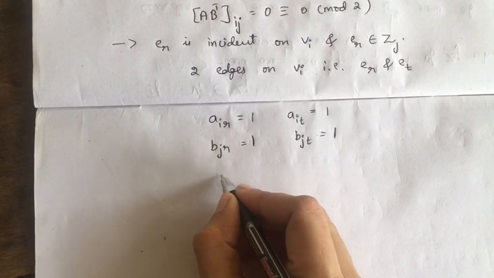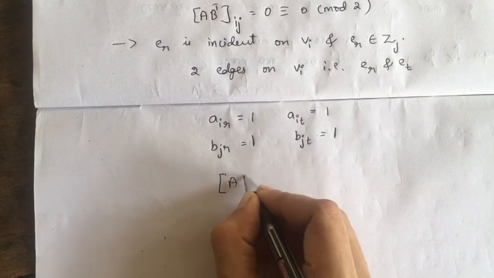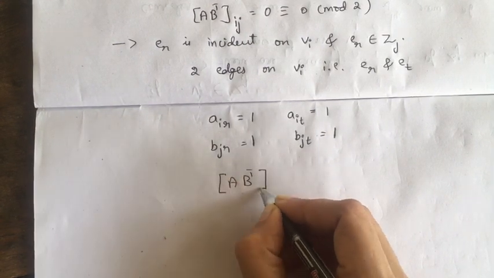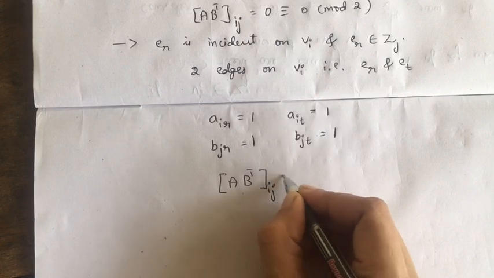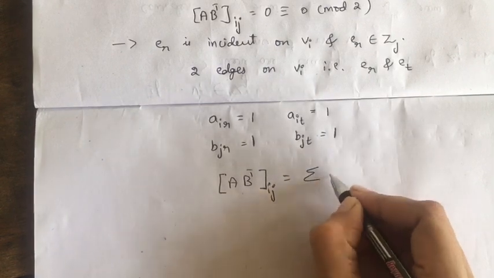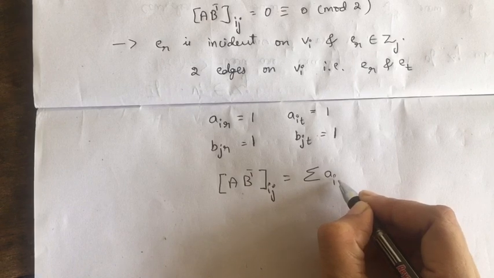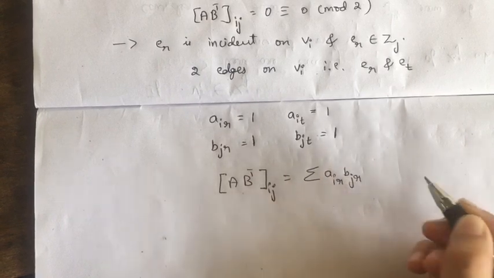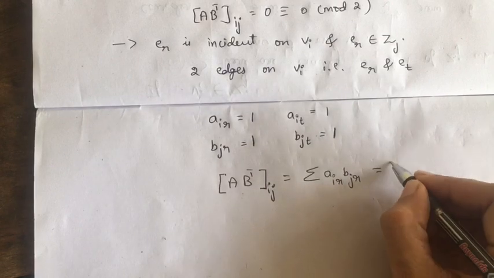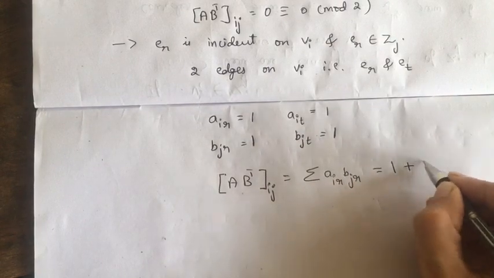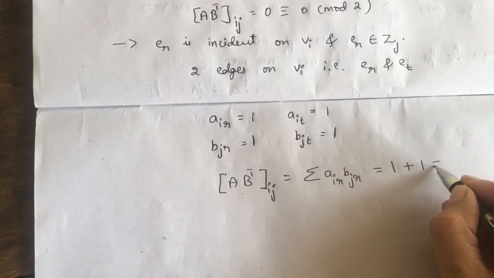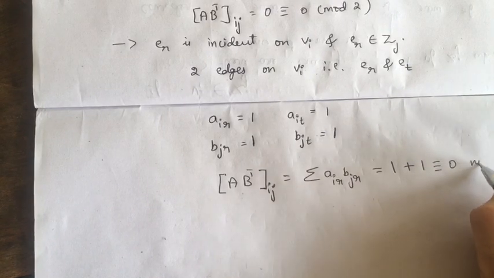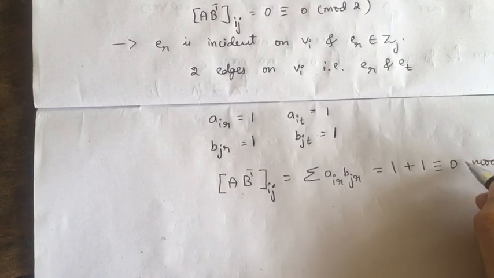Therefore, I can write AB transpose with the entries Ij will be equal to the summation of AIR and BJR, which will be equal to 1 plus 1, which is congruent to 0 mod 2.